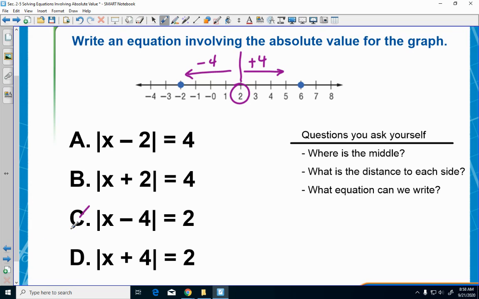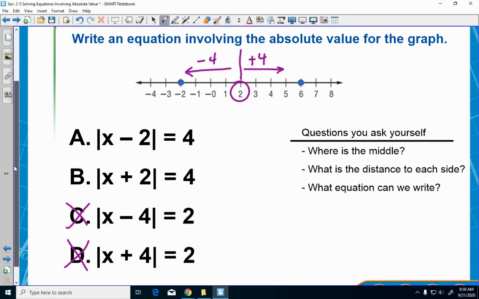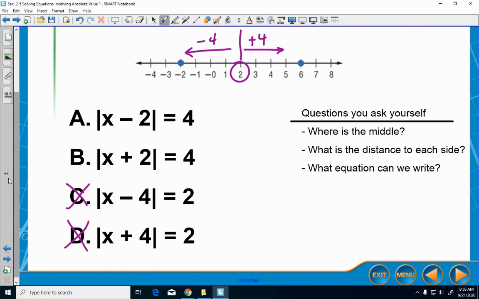That tells me right now that those two things are out, because it has to be equal to the positive version of that so that I can do plus 4 and then minus 4, like thinking about these two options over here on the left. Now, if this middle is a positive 2, if you were actually going to solve that, what would you do with that positive 2?